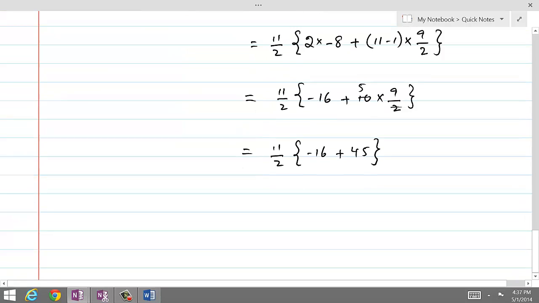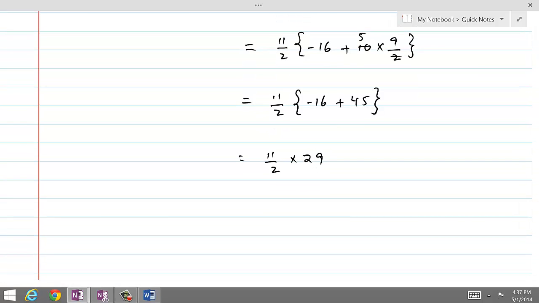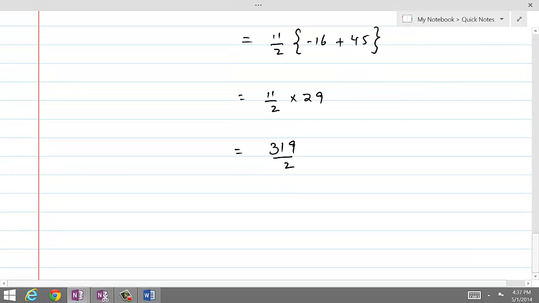So 11/2, again 11/2 times, this would be 29. And now you can multiply 11 times 29, that would be equal to 319 over 2, and if we divide, this will be equal to 159 whole 1/2. This is the sum of the 11 terms of the given series.